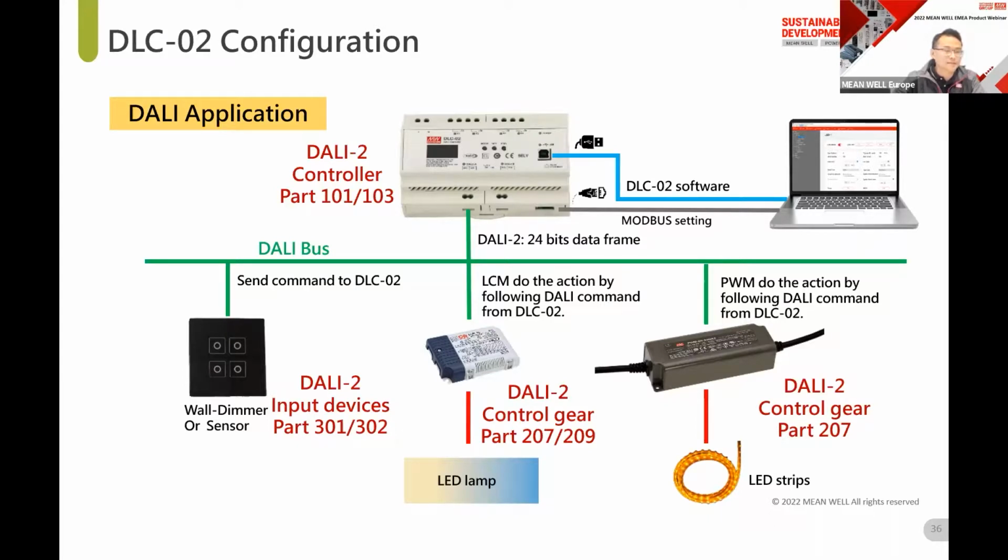In the DLC software, you just pair the left button to the LCM and pair the right button to the PWM. After all the pairing and parameterization are done, download the parameters into the devices, and you can remove the laptop from the DLC. Then the daily lighting system will work properly according to your settings in the DLC software.